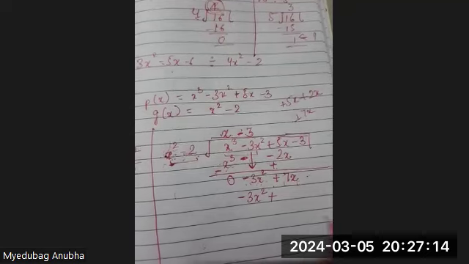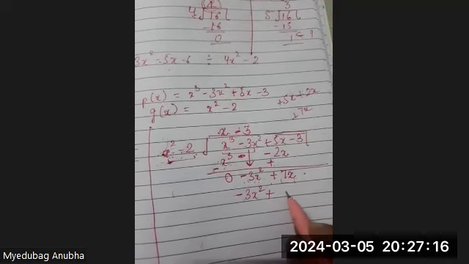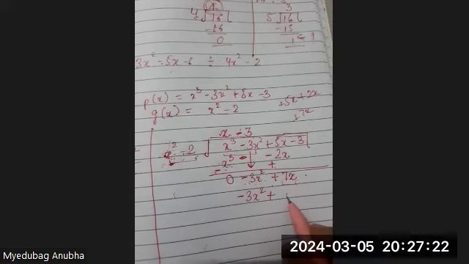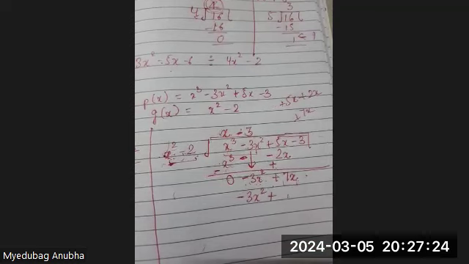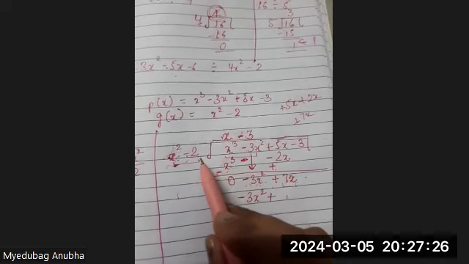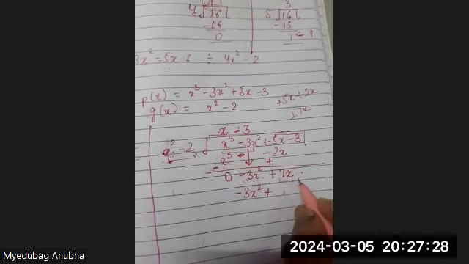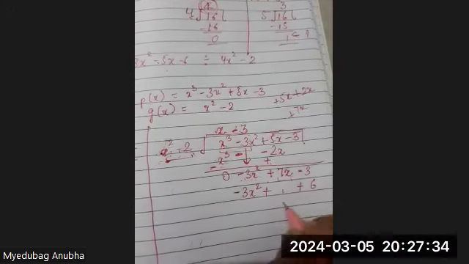Can we write 6 here? We cannot write 6 here. This is the constant, no? So the constant will come on this hand side. So here we will write it as 6.